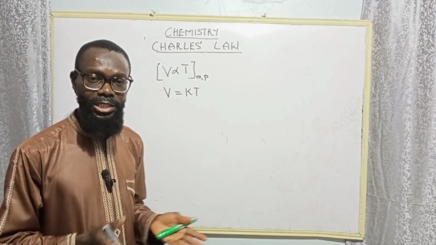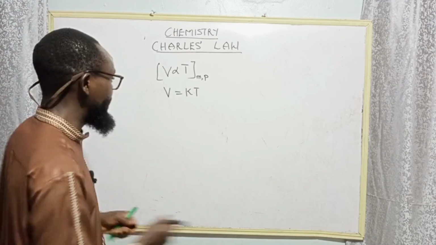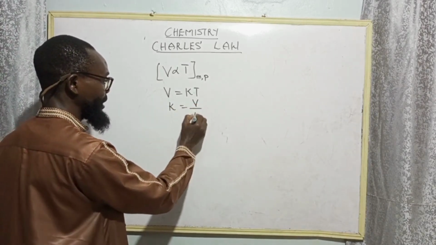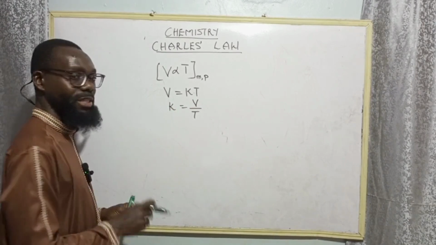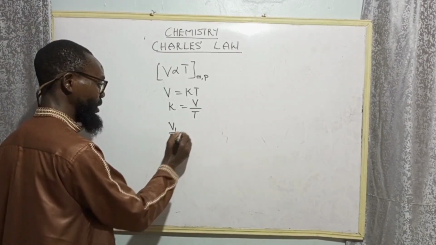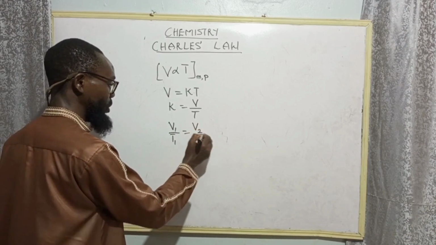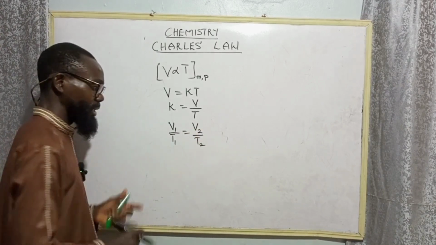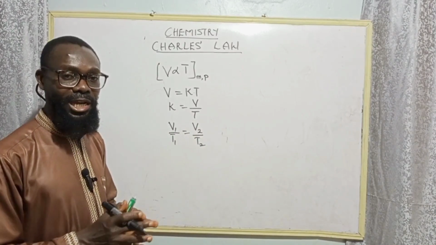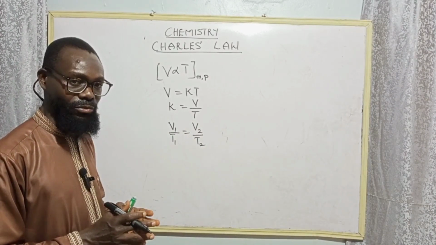Likewise, the temperature will change from T1 to T2. Here, we have K equals V over T. So when the volume and temperature are changing, we have V1 over T1 equals V2 over T2. This is the explanation of Jacques Charles in 1787.